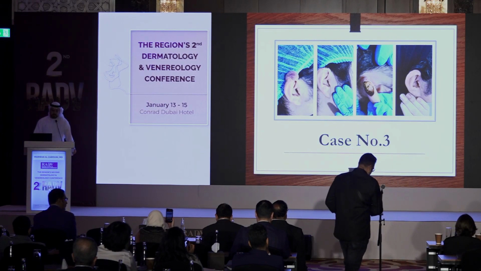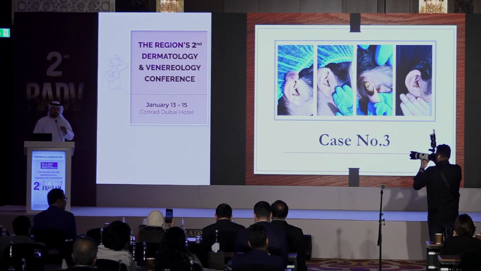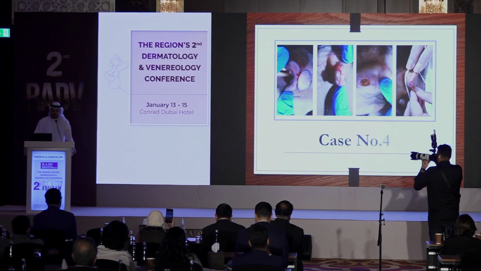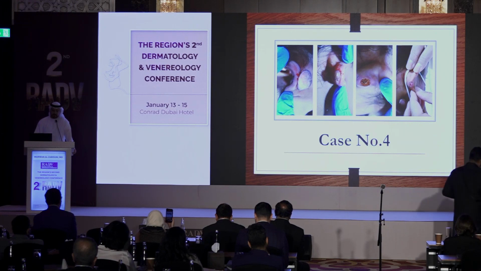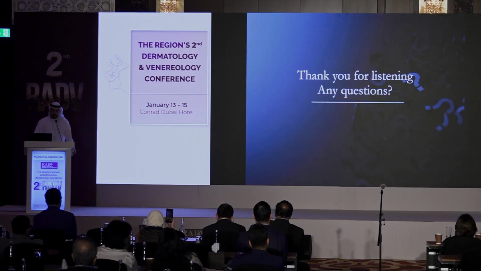So you have to remove it while preserving a very thin layer of tissue around the cartilage, and then you can see the result in the end. Here you can see also both sides of the ears, which are removed. And this is the last picture. Thank you very much.